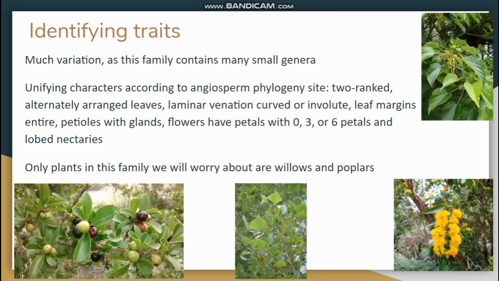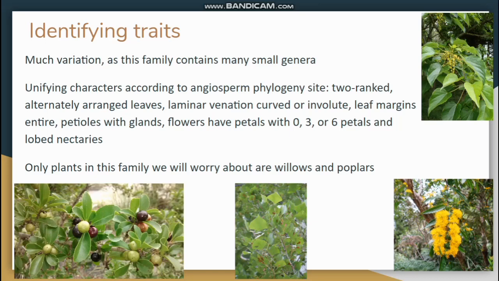These have laminar venation, so the leaf lamina, just the leaf itself, has veins that curve or kind of weave inside of one another. Their leaf margins are considered entire, so rather than being lobed like, say, a maple leaf or an oak leaf, it's kind of one contiguous shape, although there can be saw teeth and such along the edge.